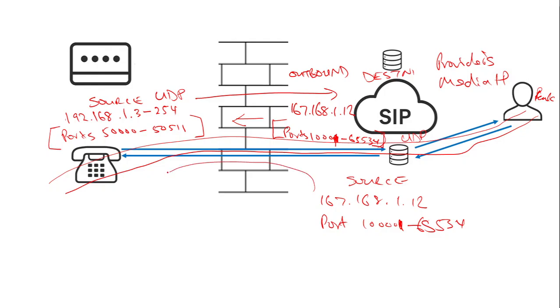We should be able to allow them on the firewall if they are destined to the LAN, to these IP addresses as destination 192.168.1.3 up to 254 on ports 50,000 to 50,511, so that the reply from the bank can be able to come through and be heard on the phone. But if we don't allow this here, we are also going to have one-way audio.